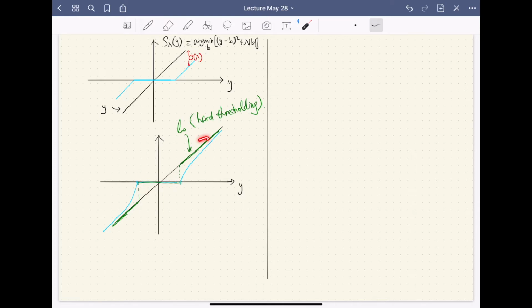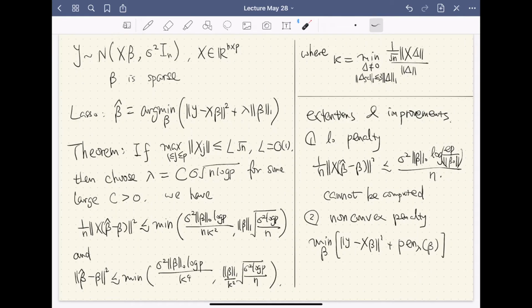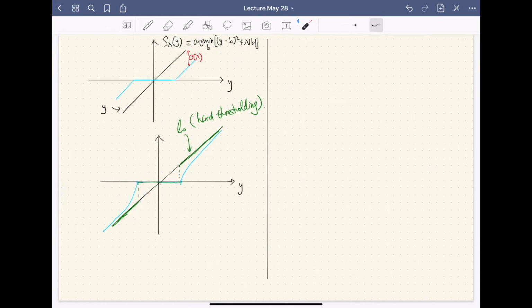Otherwise, you just output the original value of y. However, what makes the L0 penalty not computable is that the induced shrinkage operator, the hard threshold operator, is not continuous.